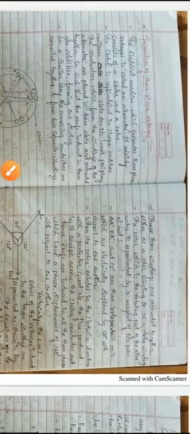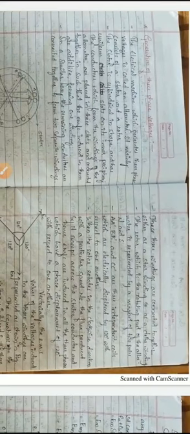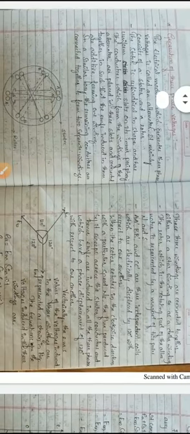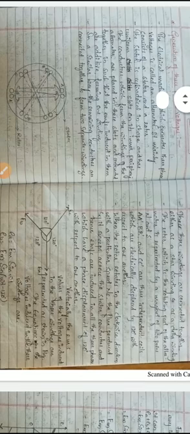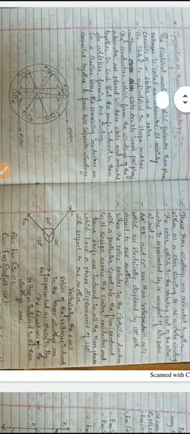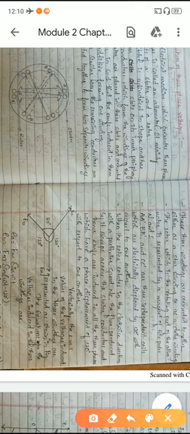So A dash, B dash and C dash are three independent coils which are electrically displaced by 120 degrees with respect to one another. The rotor rotates in the clockwise direction with a particular speed, let me call it Ns, the synchronous speed.